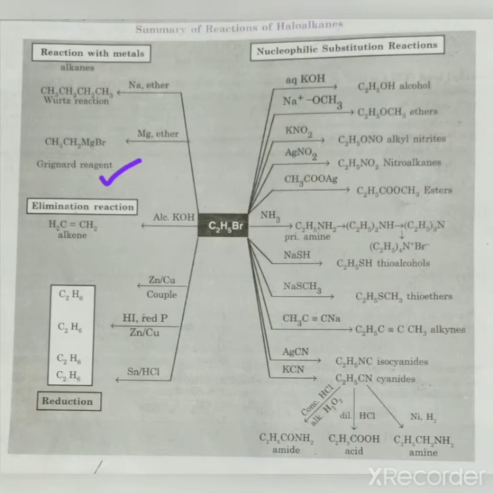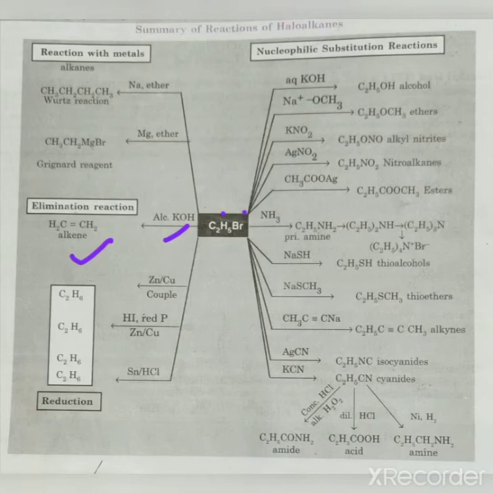Next, we also discussed the elimination reaction. That takes place in the presence of alcoholic KOH. It gives rise to alkene. That means the removal of one hydrogen and one Br. So it gives rise to alkene.